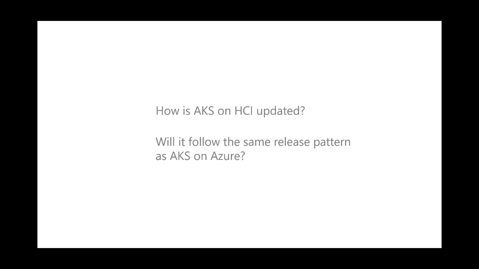So the update flow is handled through the Cluster API providers as a rolling update. We will ship every month a new set of VHD images as the base images for the cluster nodes, for the worker and the control plane nodes. The customer will get a notification in Windows Admin Center, or if they have PowerShell, they can call Get-AksHciUpdates, and it will download the new images, and they will have something like an Apply-AksHciUpdate PowerShell command, or through WAC they can initiate the update.